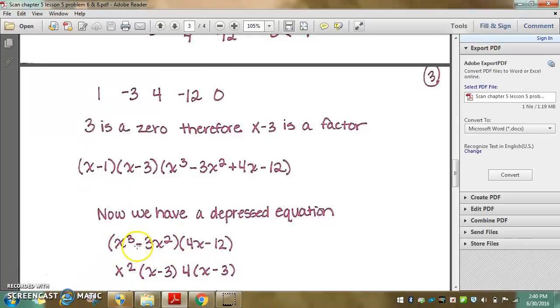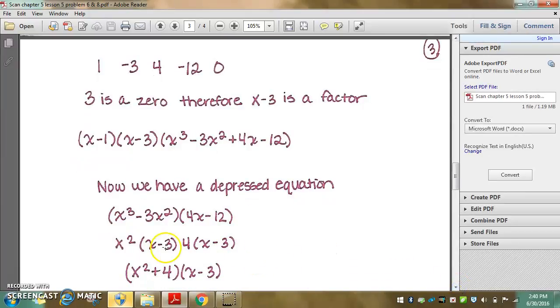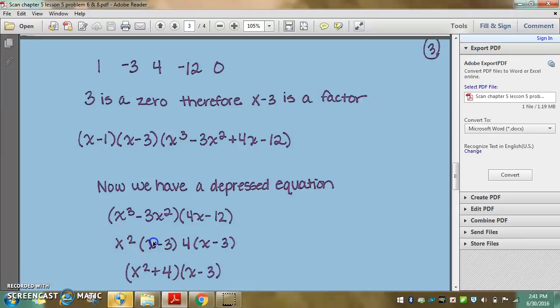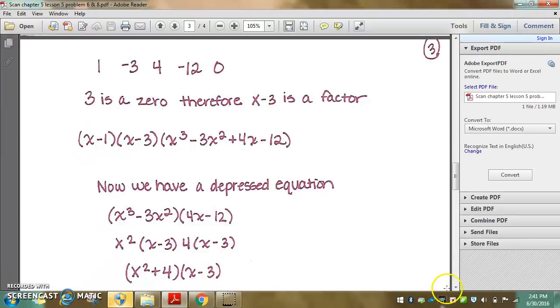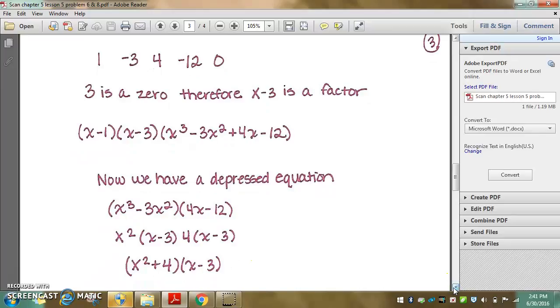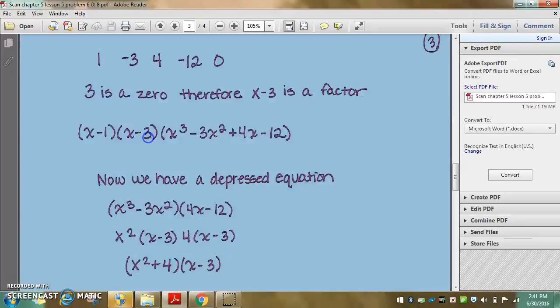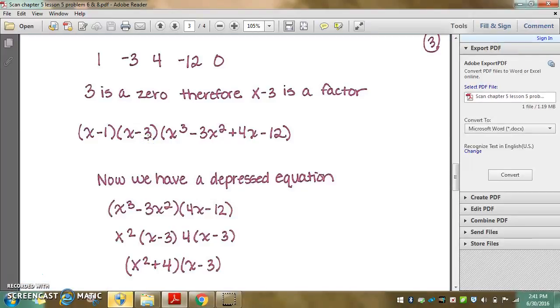Take an x squared out of here, minus 3. Take a 4 out of here, we're going to have x. Take a 4 out of the 12, we're going to have 3. Remember, we're going to combine our outside, so the 4 and the x squared. So we have x squared plus 4, and then we use 1 on the inside, x minus 3. Funny thing, take a look here. We have x minus 3 here, and we had x minus 3 up there. So that should tell us we're going to have a multiplicity of 2 at x minus 3.